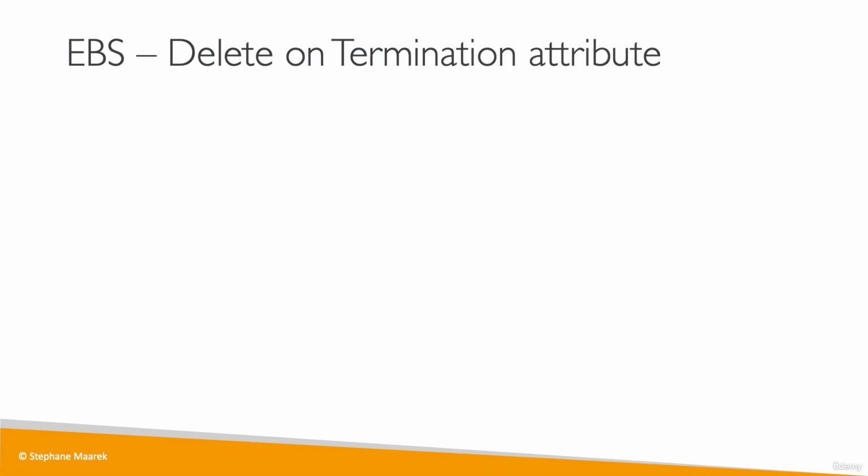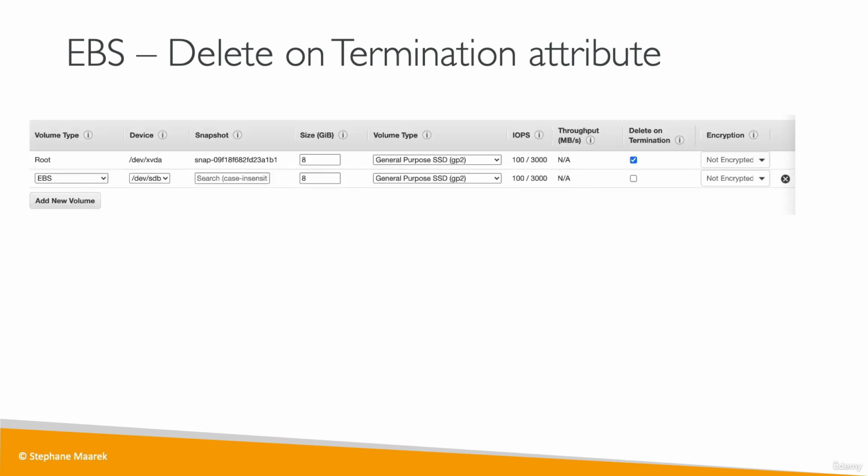Finally, when we go ahead and create EBS volumes through EC2 instances, there is this thing called a delete on termination attribute, and this can come up in the exam. So if we look at this, when we create an EC2 instance in the console, there is the second to last column called delete on termination.